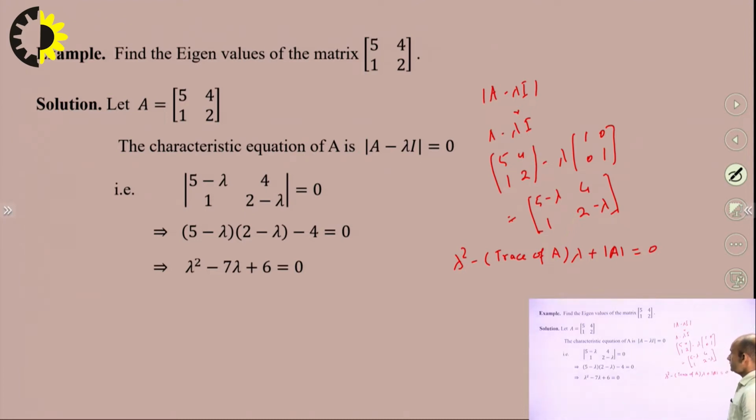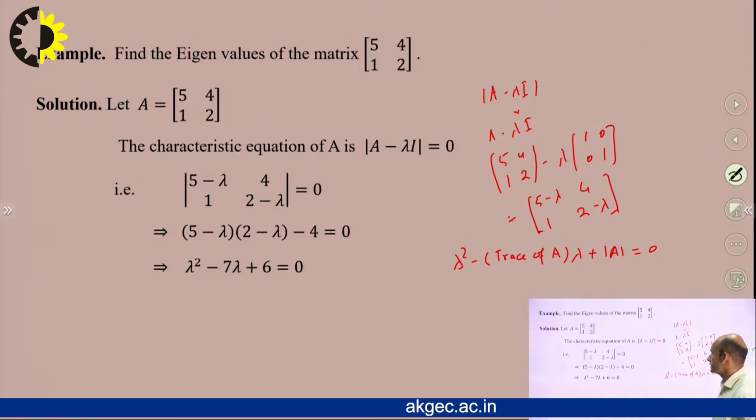So here, since the diagonal elements are 5 and 2, we have the sum as 7. So the equation will be lambda squared minus 7 lambda plus the determinant, which is 5 into 2 minus 4, that is 10 minus 4, which is 6. So the equation will be lambda squared minus 7 lambda plus 6 equals 0. This is the characteristic equation for matrix A.